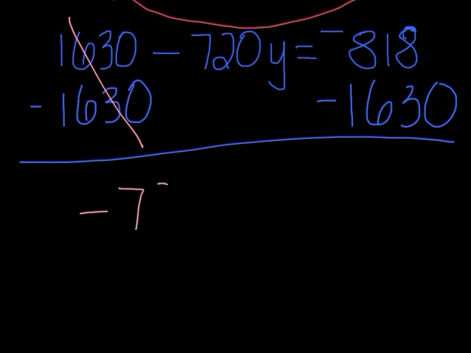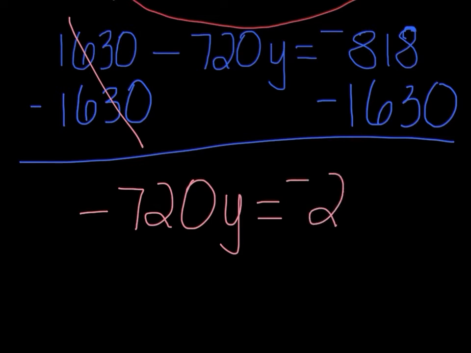When I do that, on the left, those two numbers cancel out, and I have negative 720y equals, now this is a little tricky, I have negative 818 minus 1,630. I can simplify this and rewrite it as negative 2,448.